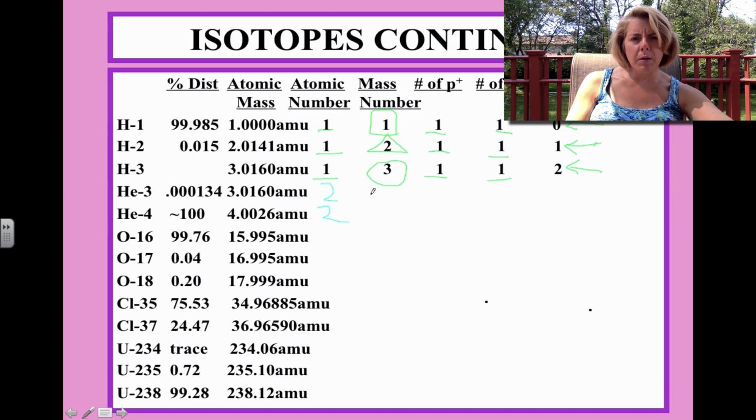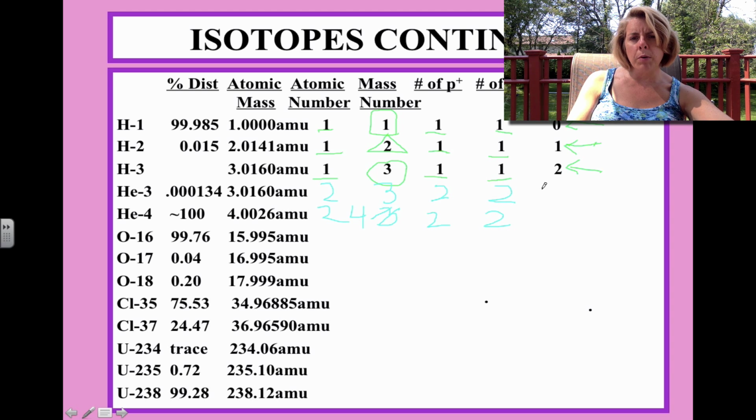The mass number, wherever you see the dash after the element symbol, oh, sorry, I made a boo-boo there. I'm just going to cross that out and make it a 4. My eraser doesn't work. Okay, so we have a mass number of 3, a mass number of 4. For the number of protons, they have to equal the atomic number, so both of these have 2. They are neutral atoms, so they have to have an equal number of electrons.